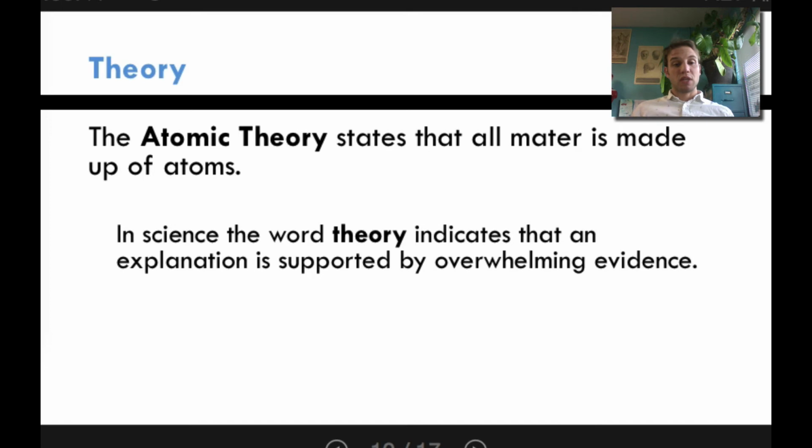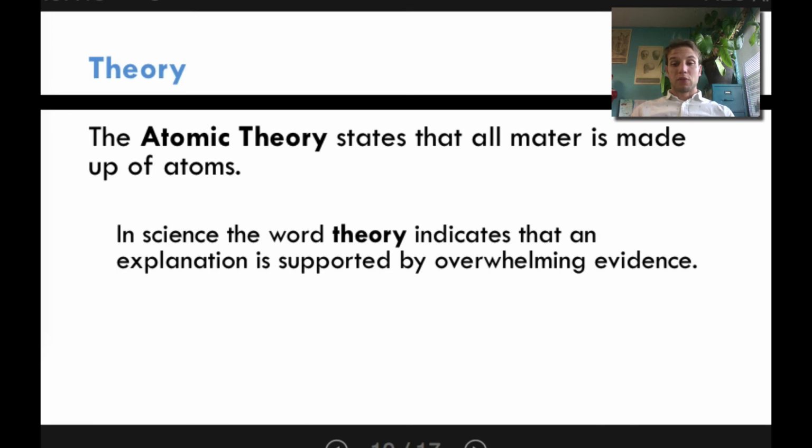But in science, it's really important that we make the distinction that a theory is not an educated guess. A theory in science means that the explanation is supported by an overwhelming amount of evidence, and that support is coming from all over the world in different laboratories, and they're all doing research on the same topic, and all of the different research is just making the theory grow stronger and stronger.